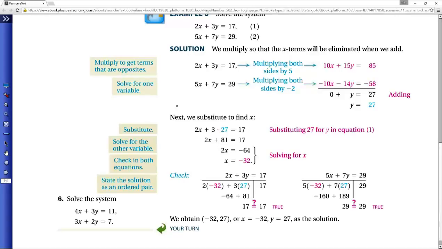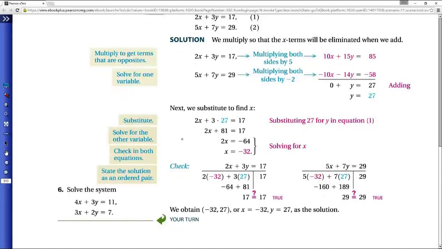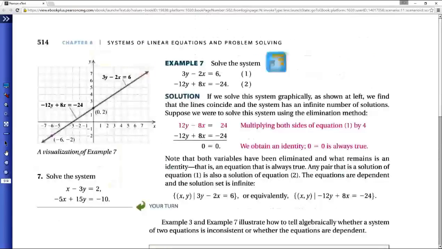You need to practice both methods. As we go through the testing and the quizzes, it'll force you to use both methods or show that you understand both these methods. So make sure you practice both. So there's a situation where you had to do a little more manipulation with multiplication to get your elimination method to work.